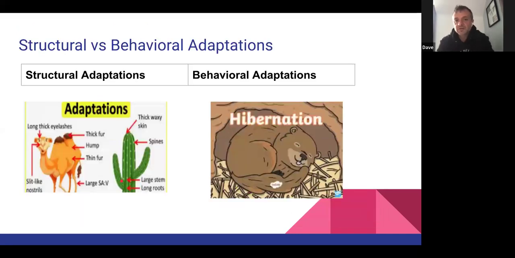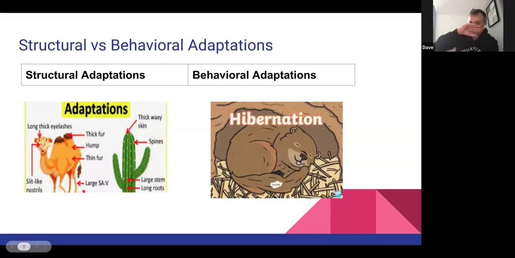All right. Structural adaptations and behavioral adaptations. So think of structure, all right? And then think of behavior. So structures are the things, and behaviors are how they act. So here the camel has those humps, okay? Long eyelashes keep the sand out.